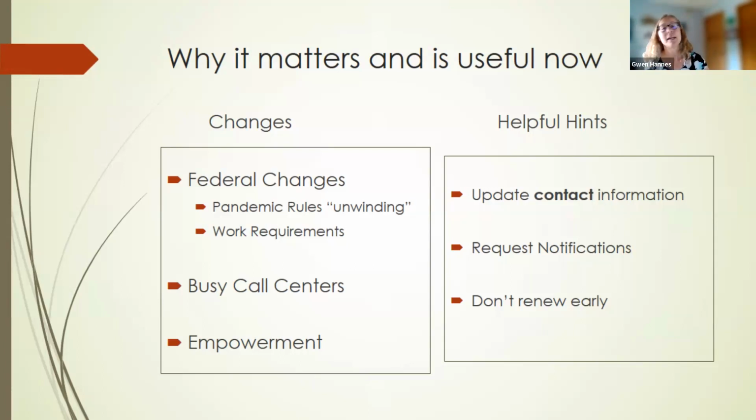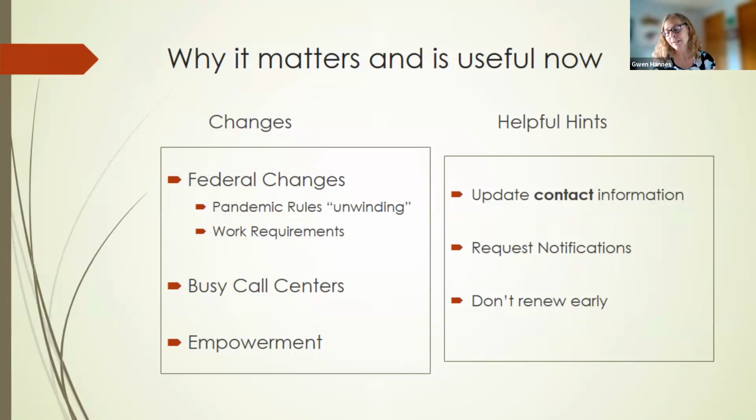But they might not get a letter in the mail that explains what their work requirement is. So we really are trying to encourage everybody to make sure, at the very least, that your contact information is correct. Again, they can request notifications through the app just to make sure that they're not missing things.